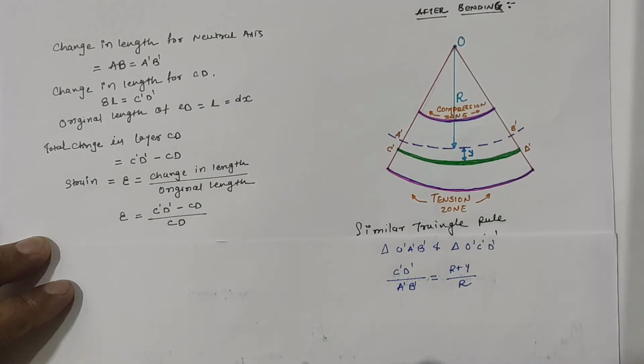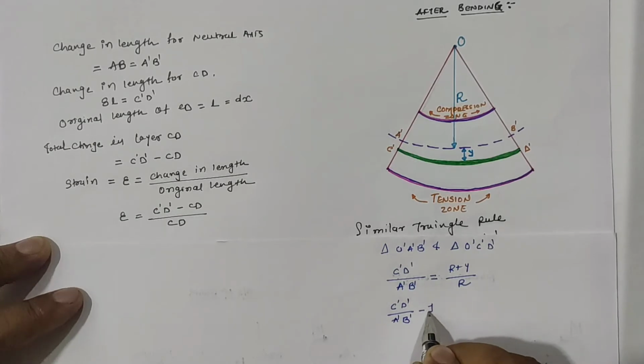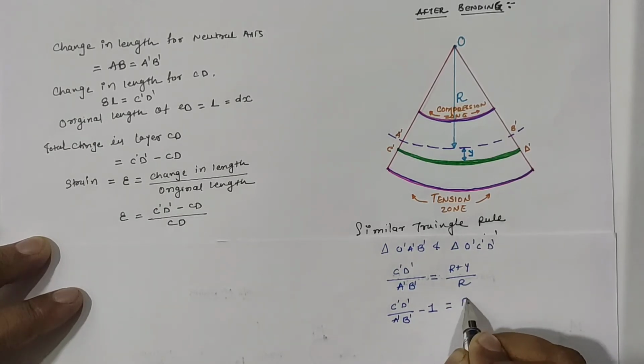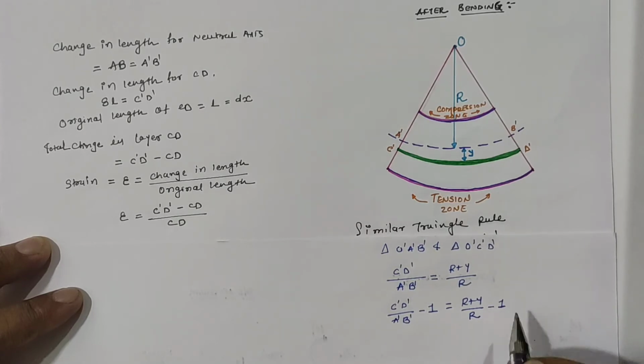Now if we subtract the unity, or we can say 1, from both sides, we have c dash d dash by a dash b dash minus 1, which is equal to R plus y divided by R minus 1.